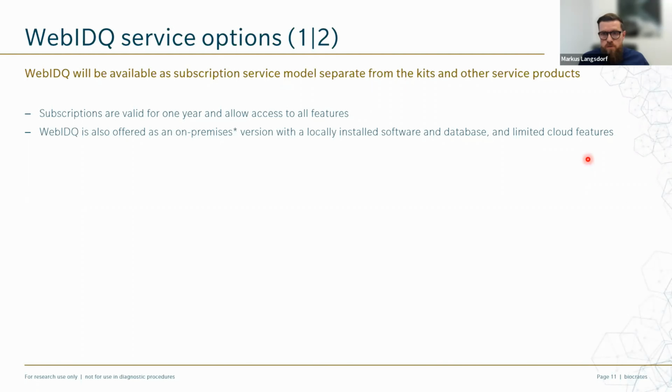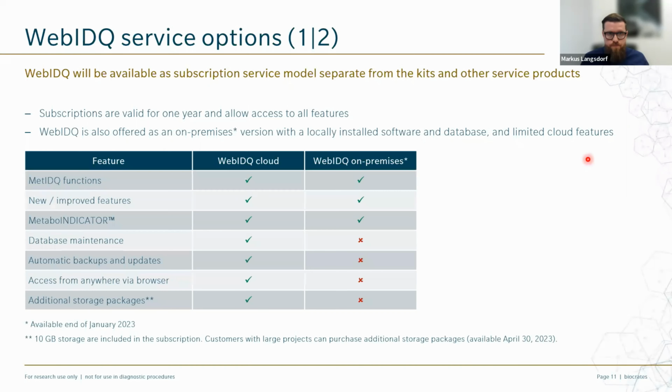Beside the cloud option, we also offer an on-premises version with a locally installed software and database. This, however, does not include all features that you enjoy with the cloud version. The on-premises version does not include database maintenance or automatic backups and updates, and also access from any computer via browser is only available in the cloud version.